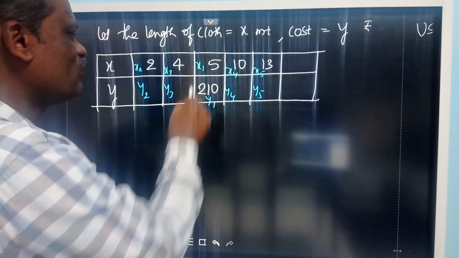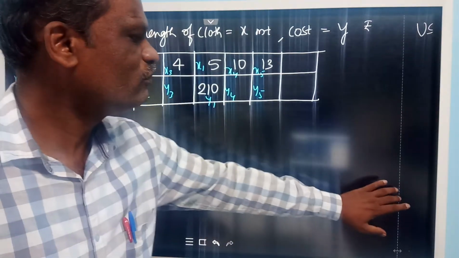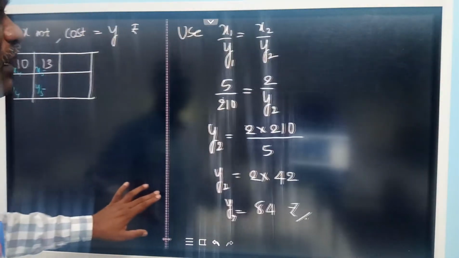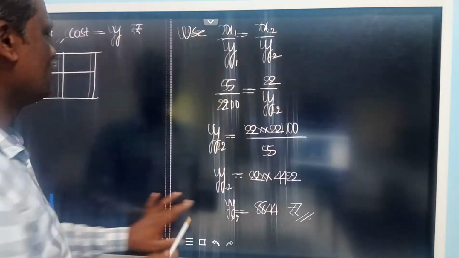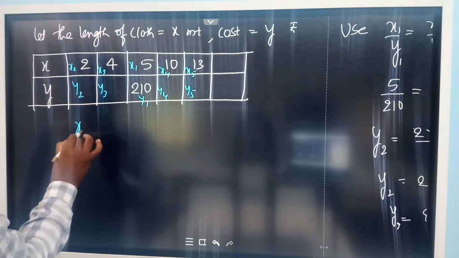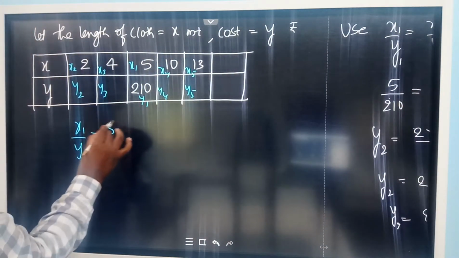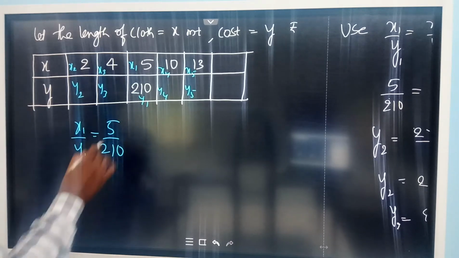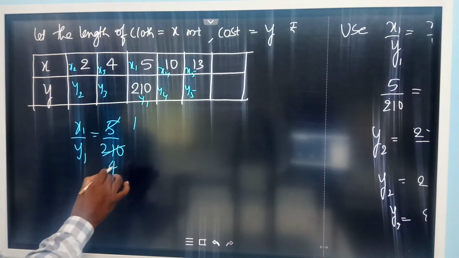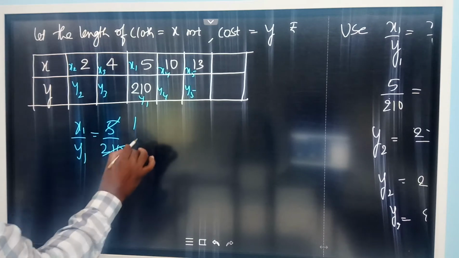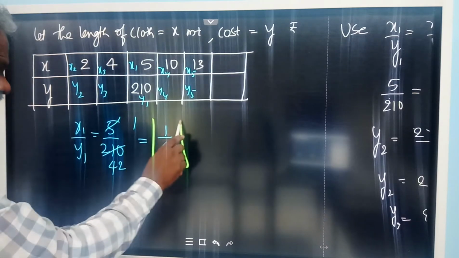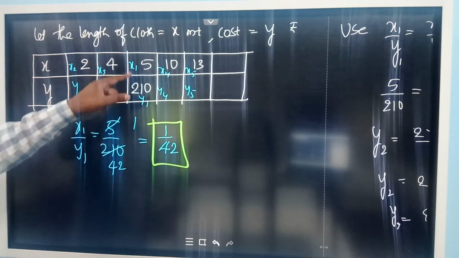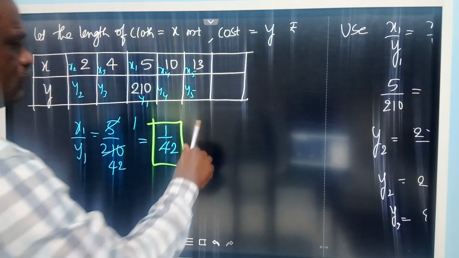Now x1 by y1 is 5 by 210. What is the ratio? You find out now. You can divide: 5 ones are 5, 5 fours are 20, so 1 by 42. But wherever you divide, you should get the same answer. Now I will take x2, y2.